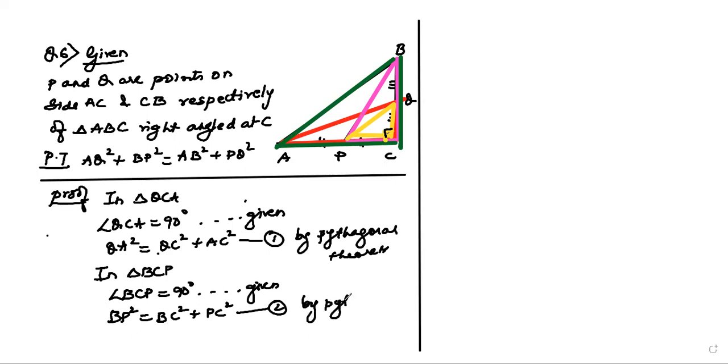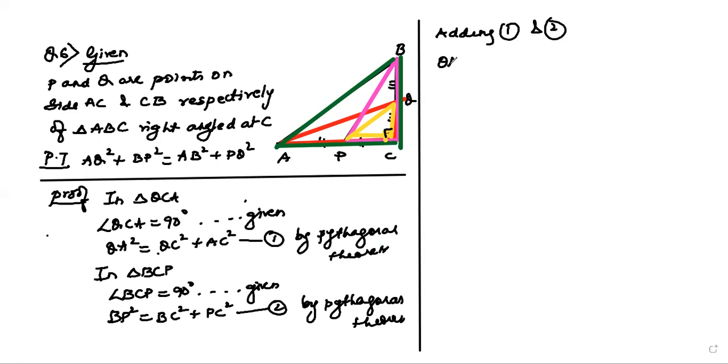Now when you look at this question, children, please look at what you want. You want this AQ square and BP square to be added. So I'll add statements 1 and 2. When you add two statements, the left hand side gets added up.